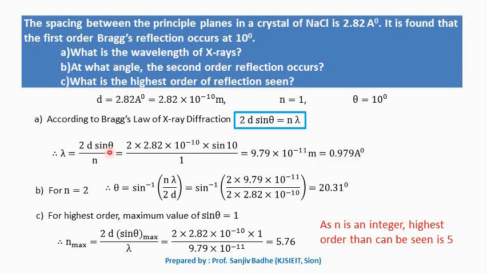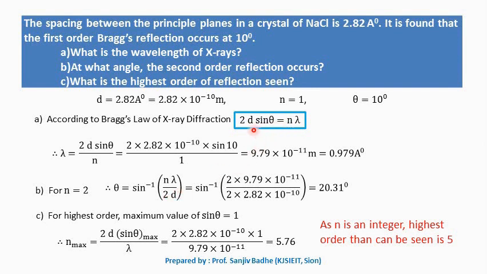So the wavelength of X-rays we have found out. Second problem is at what angle the second order reflection occurs. So now we know the value of lambda. We can just put the value of n to be equal to 2 and we can get the value of theta.